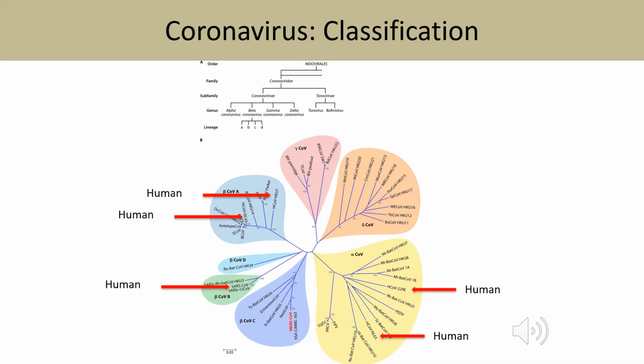When SARS-CoV virus was discovered about 18 years ago, it was found to be from a new branch, the B lineage of the beta coronaviruses. And when MERS-CoV was discovered, it came also from a new branch from the C lineage of beta coronaviruses. And the most recent addition, the SARS-CoV-2, comes also from the B lineage of the beta coronaviruses, as it is quite similar to the earlier SARS-CoV.